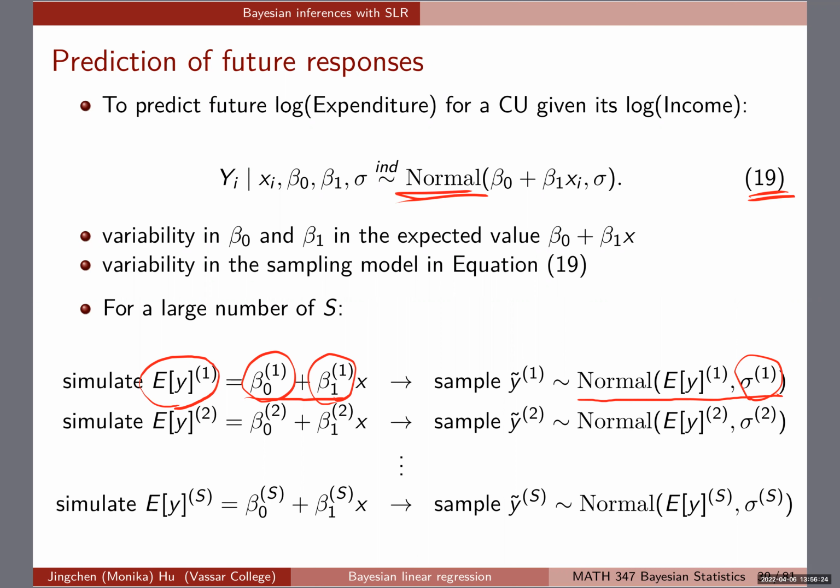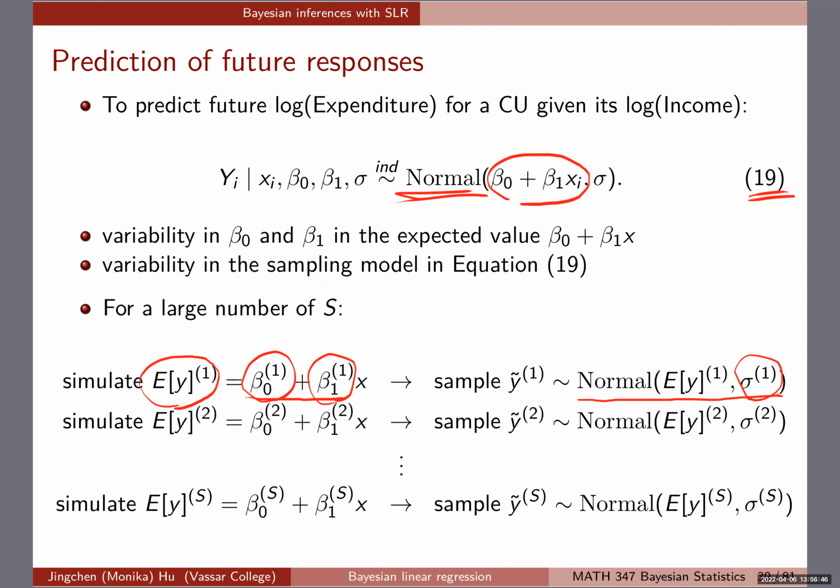So to sum up, what we did earlier is only looking at the mean part, okay? And the mean part has only beta 0 and beta 1, so you only use the pair beta 0 and beta 1 when you're trying to come up with the mean. But because you have a large number of draws of the pairs of beta 0 and beta 1, you have some variability there. That's the plot that we did earlier.